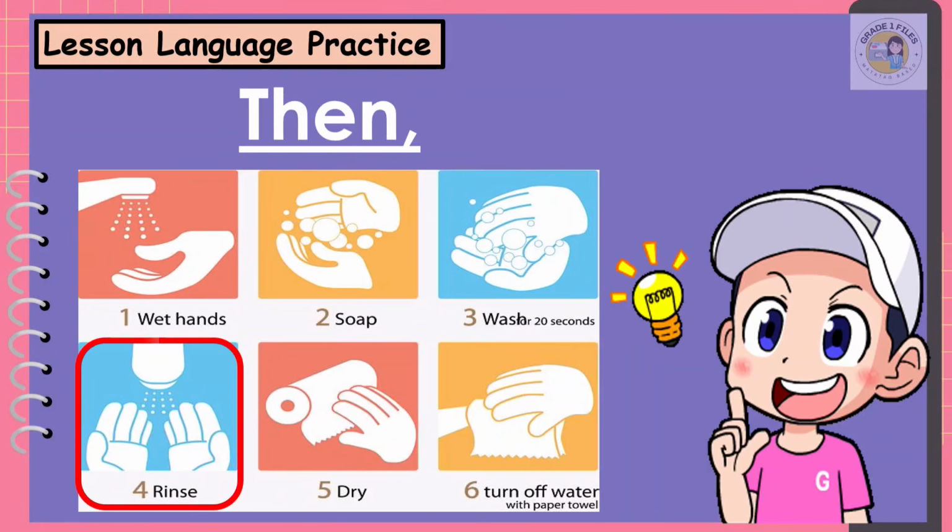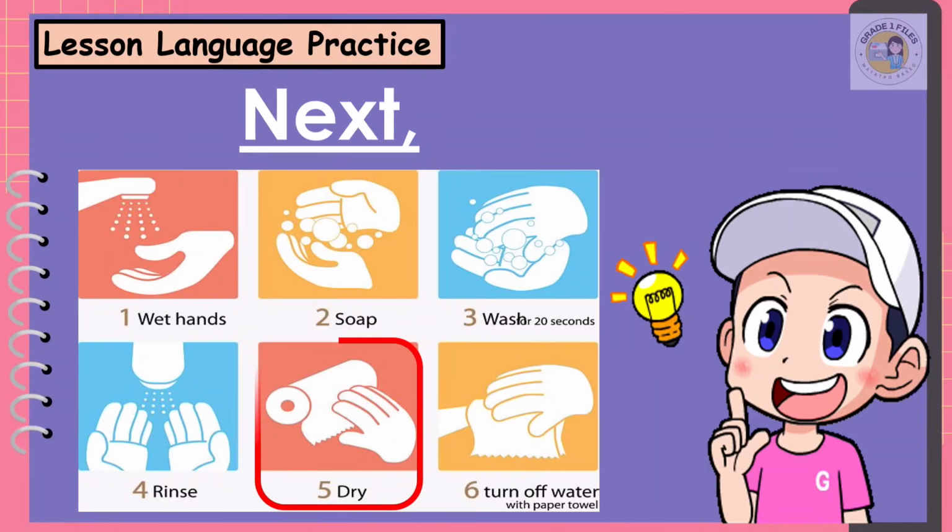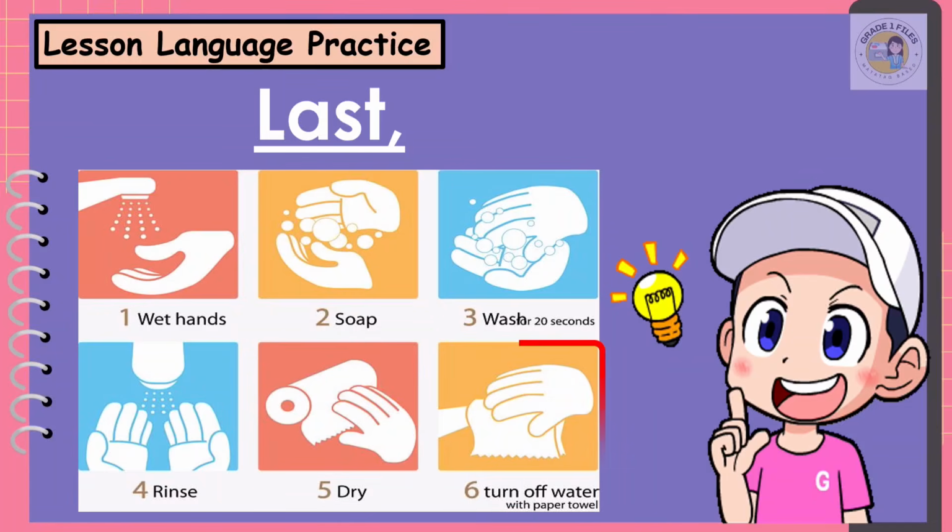Then, rinse your hands well under clean running water. Next, dry your hands with a clean towel or paper towel. Last, turn off the water using the towel to keep your hands clean.